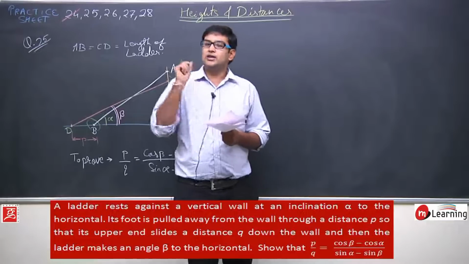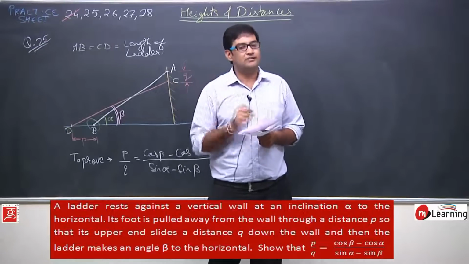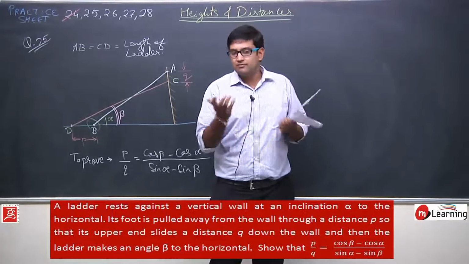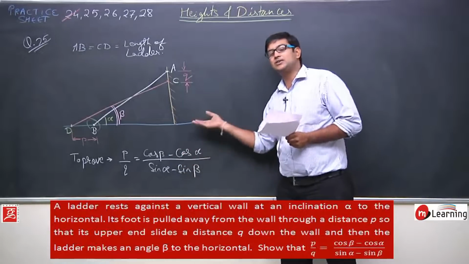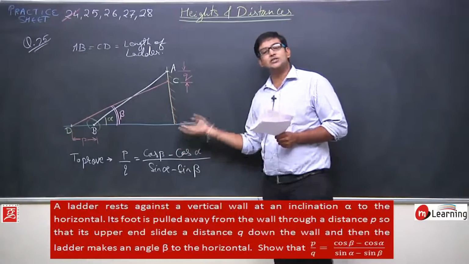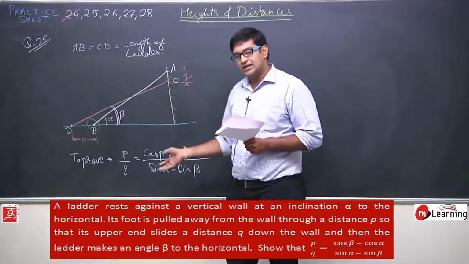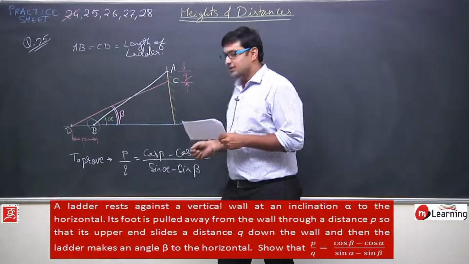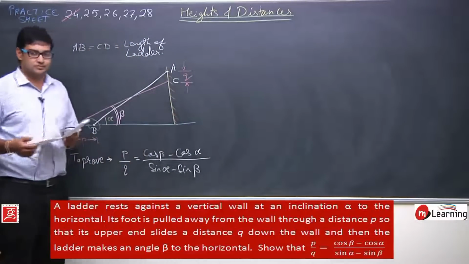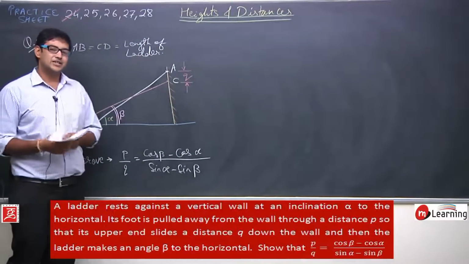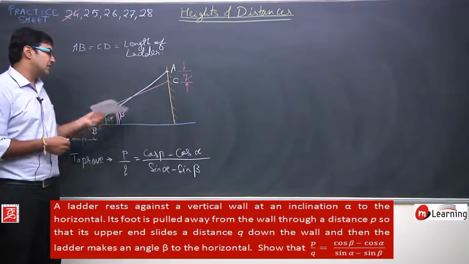Do I require to determine the value of tan alpha or tan beta? No, obviously not. Why? Because it clearly says this relation has the cosine ratio and the sine ratio. Okay. So let us try to identify the triangles in this question. Our next task is to determine the triangles in this diagram.